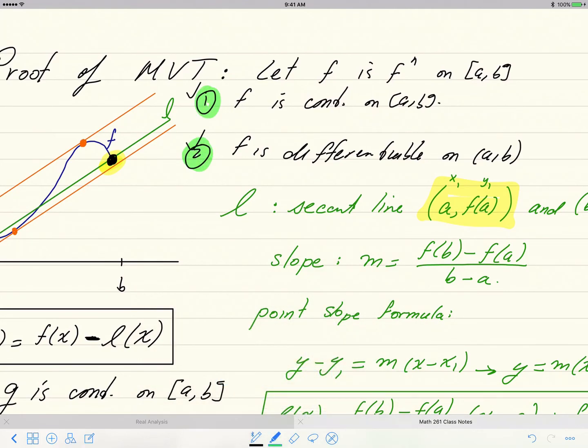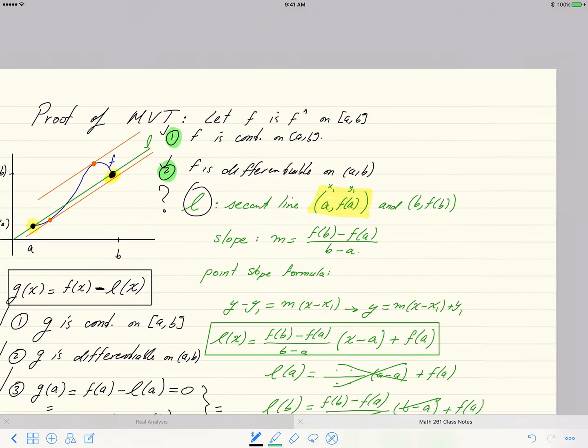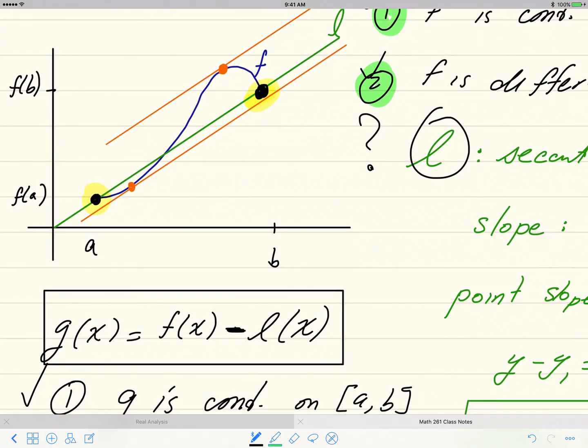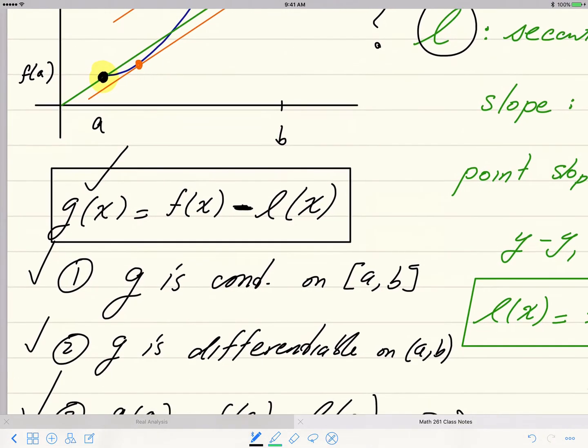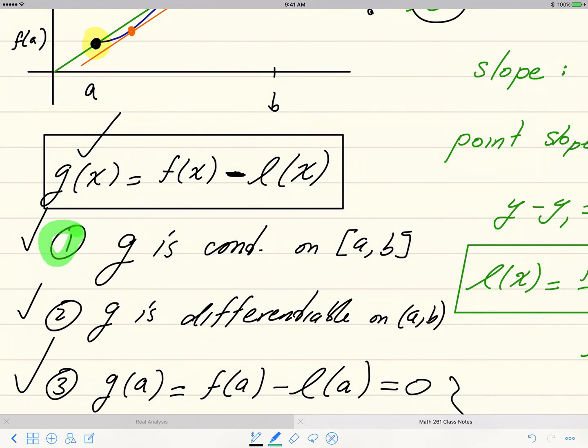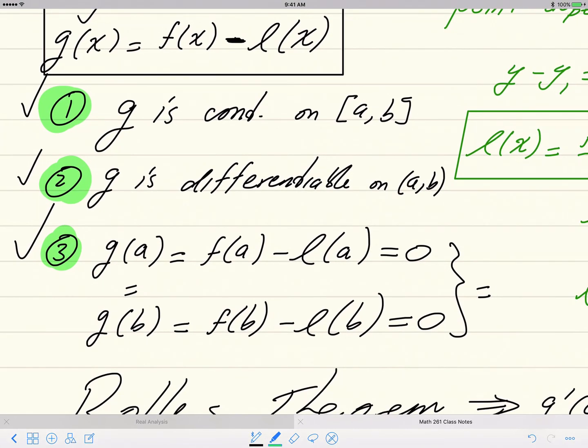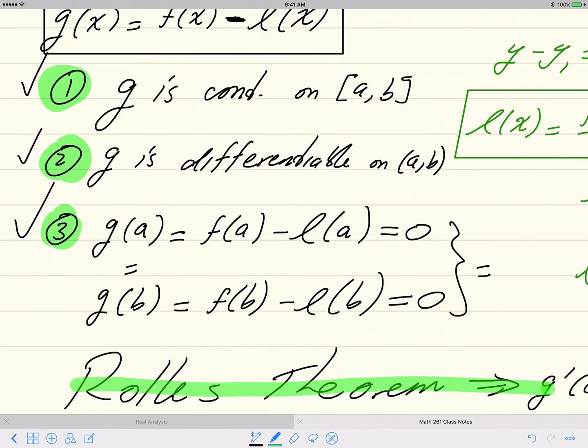So we could use Rolle's theorem, but we need to build a function that satisfies the third property, and f doesn't. So you write the equation of this secant line, and then you notice that if you build a function g that comes from the difference of your original function and the secant function, then that function will satisfy all three properties, and then Rolle's theorem works.